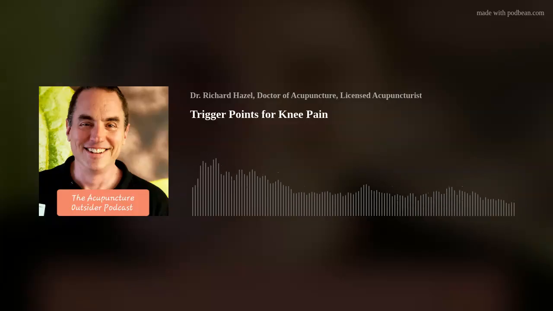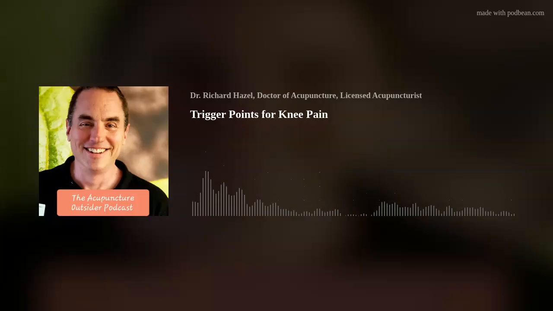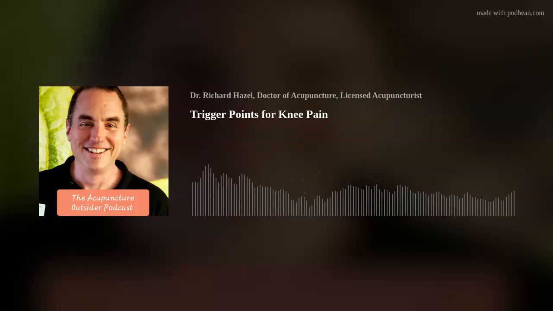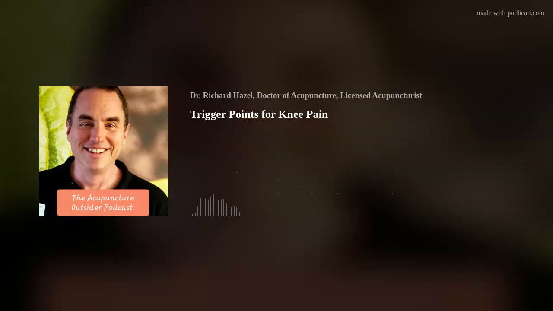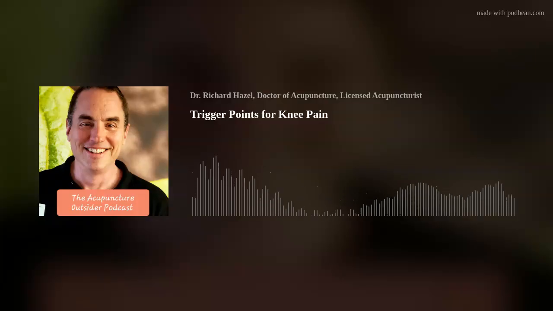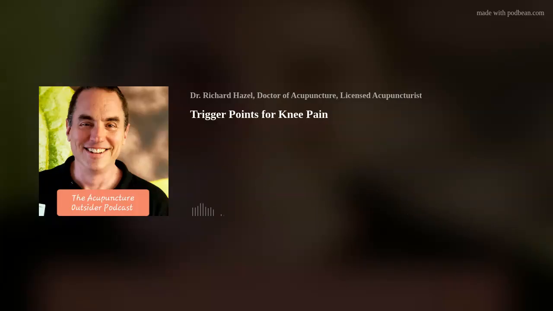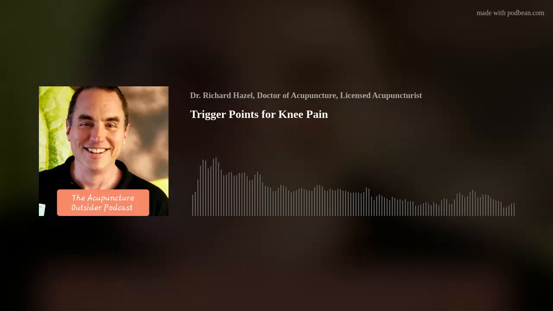Absolutely. Not as often. If you're going to find rectus femoris trigger points, they're usually higher up in the leg, closer to where the fibers are doing more hip flexion than knee extension. But when they're short, when the rectus femoris is short, you are going to get that patellar knee pain, especially when the knee is bent, like when they're sitting for a long time.